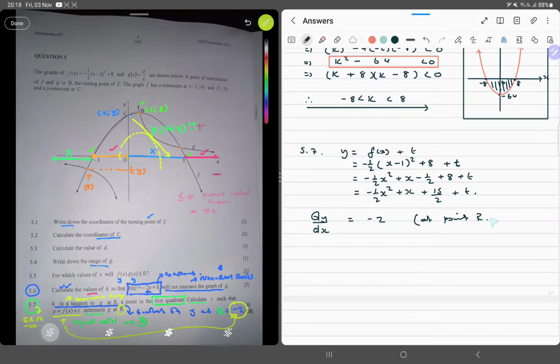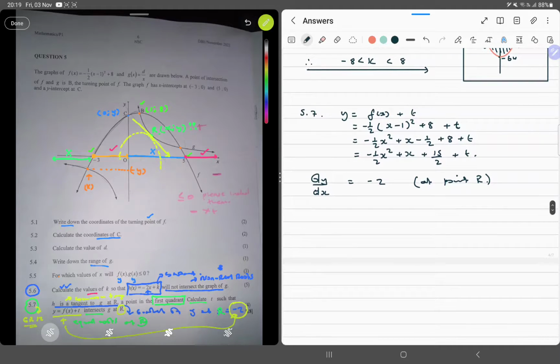Okay? At point r, because that is the point of tangency right there. So essentially, now what is the first derivative here? Mind you, these two are constants, because this is the constant. So it won't feature as part of the derivative.